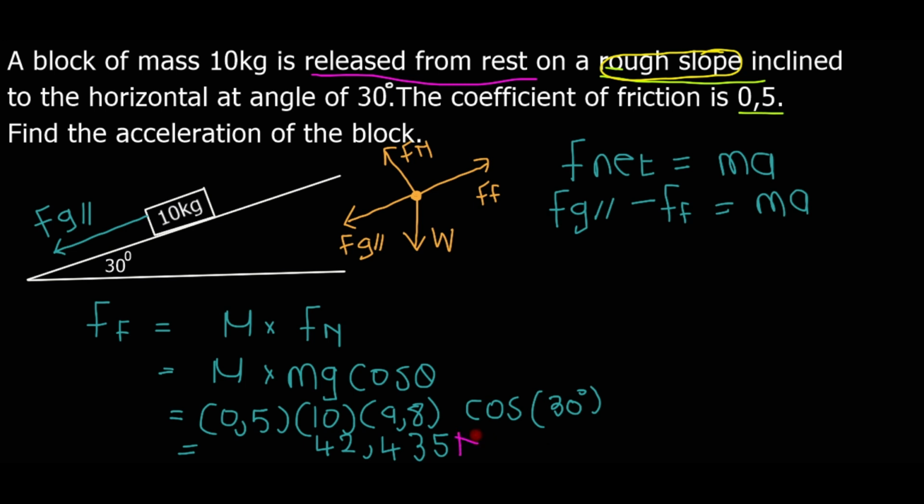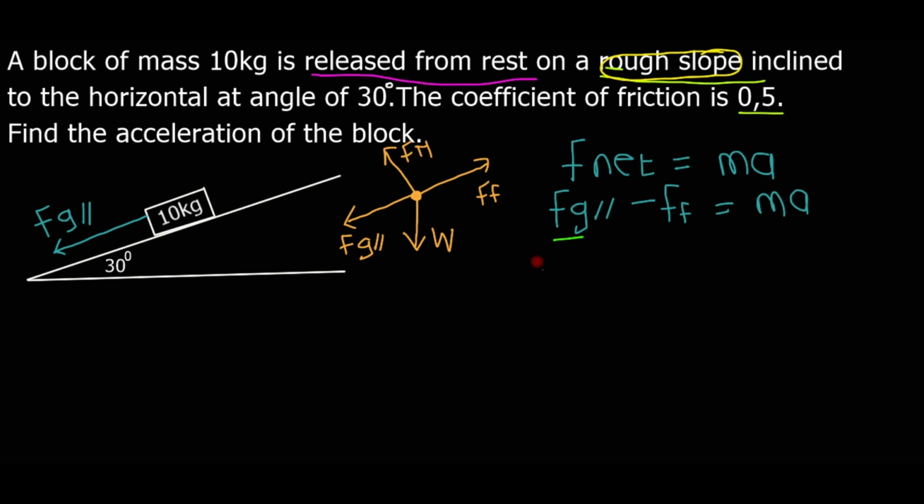So now that we have the friction and FG parallel, we are going to solve for acceleration. Remember, our FG parallel is equal to mg sine theta, minus friction, and then equal to ma.